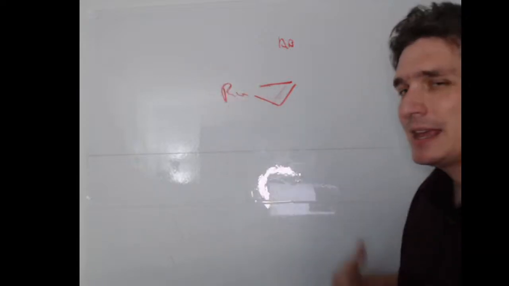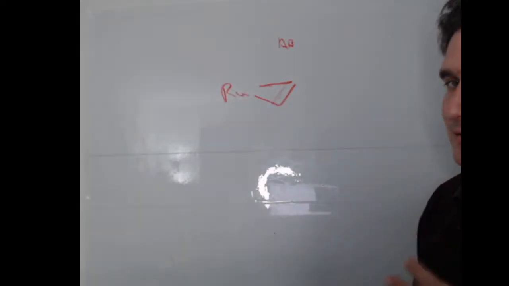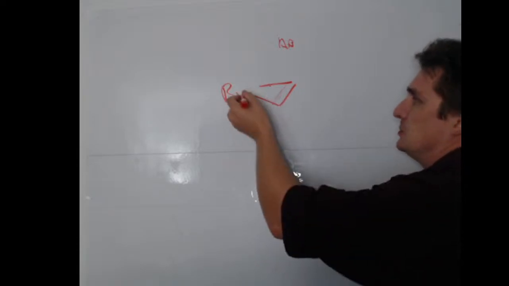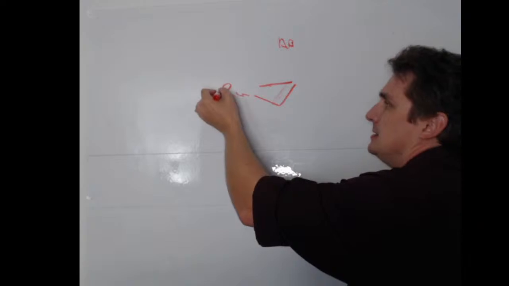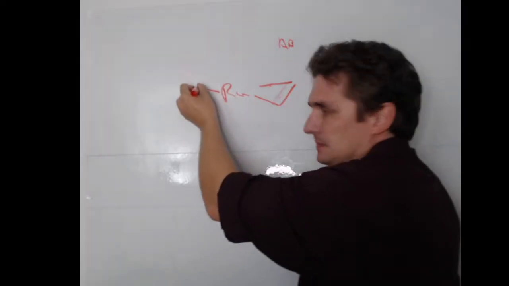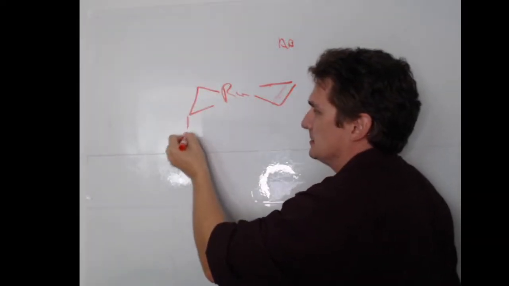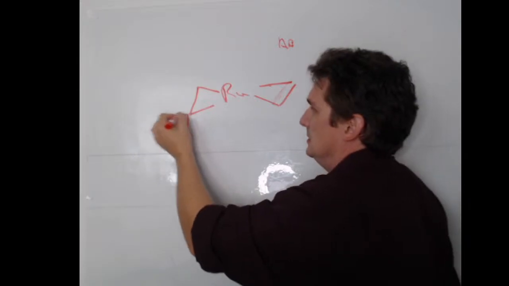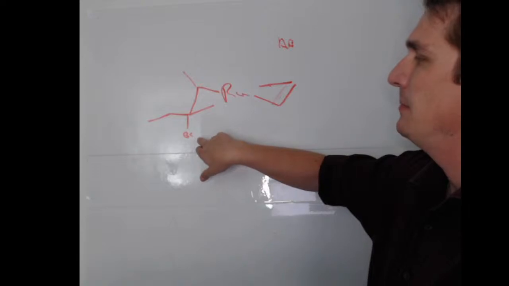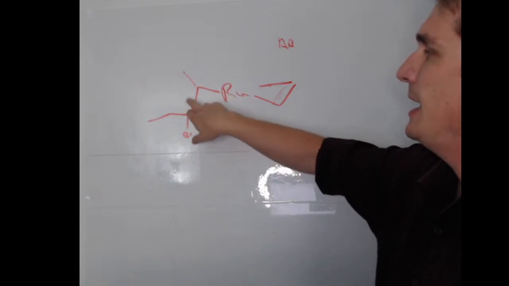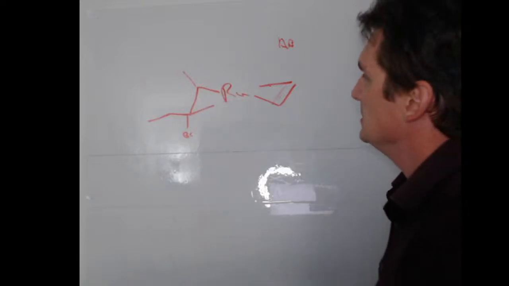So we get kind of this cyclopropane intermediate. The ruthenium binds to ethylene and the ethylene binds back. And then on the other side, we get the same effect. Our double bond here binds to the ruthenium and it ends up forming the cyclopentene intermediate.